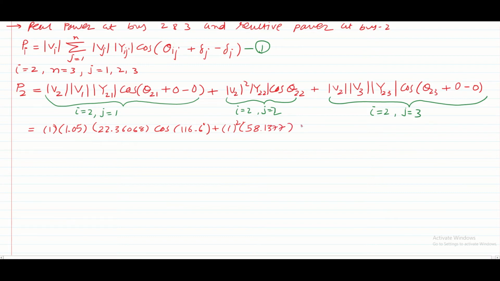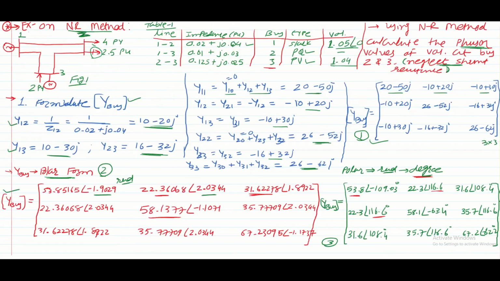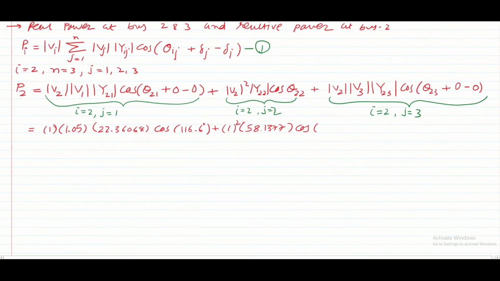Again, cos of theta 22. Theta 22 will be minus 63.4, so we substitute that. Clear?